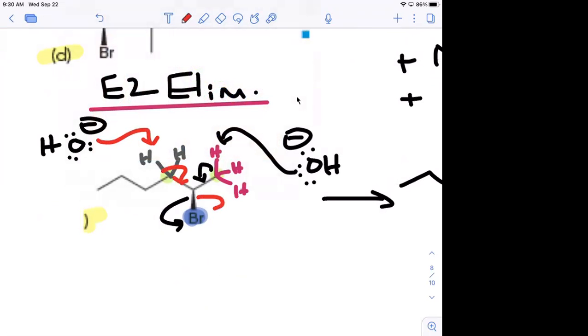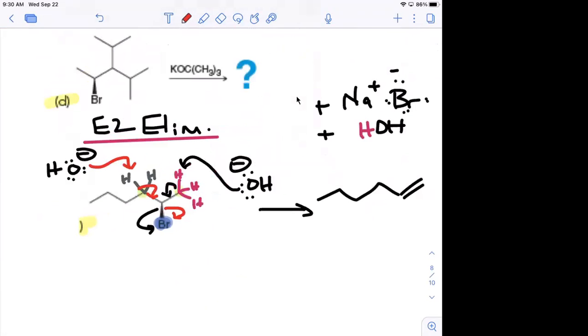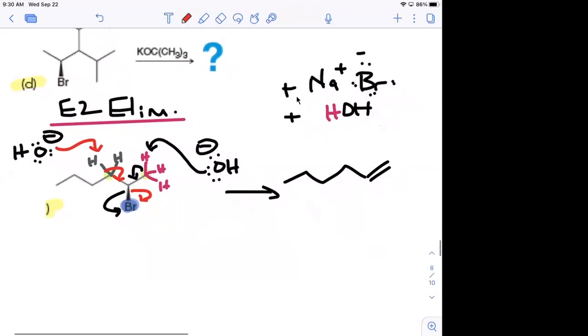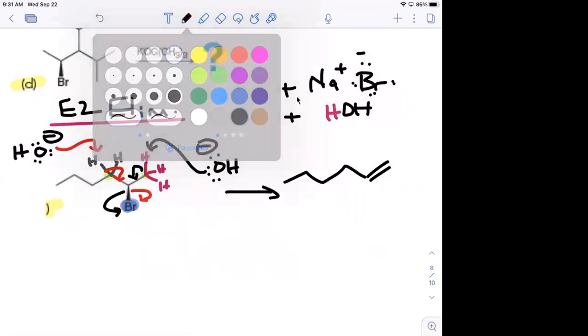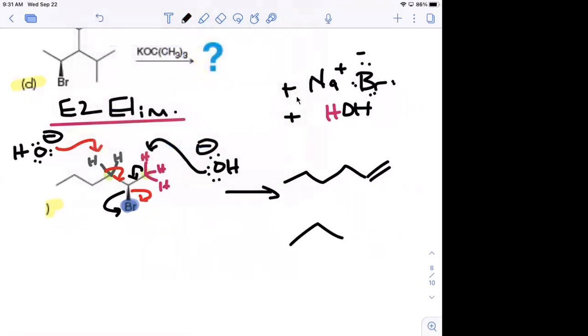And then this pair of electrons is coming here like that. It's all concerted. It's all happening at the same time. Then you'll get the same side products: a water molecule, sodium bromide salt, and then your product, which in this case, the double bond is going to be here, like that. Yep. So you get both.